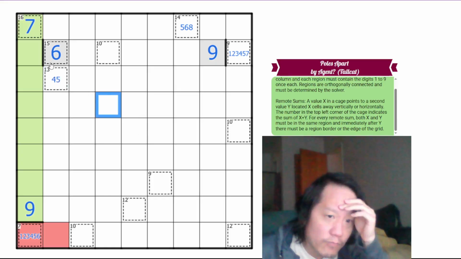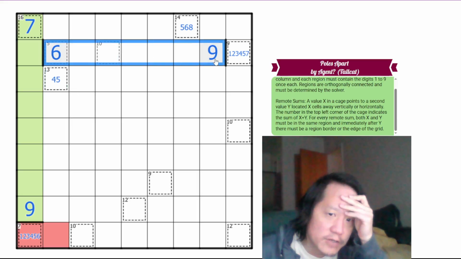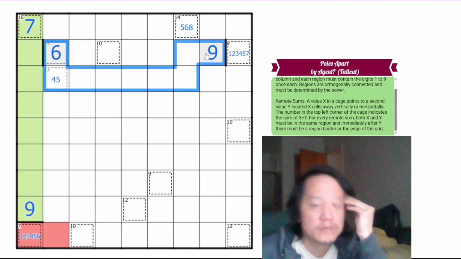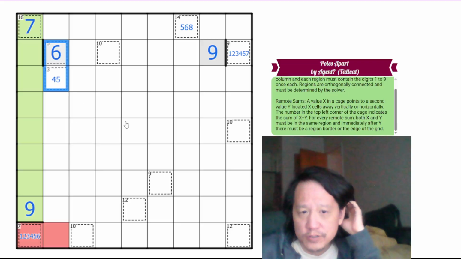So since this is 4 or 5 away, this is guaranteed to be, I guess it could go this way. 1, 2, 3, 4, 5, 6, 7, 8, 9. That's possible. So this could be the same region.